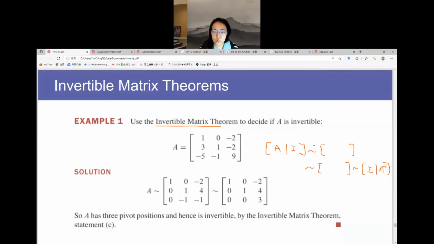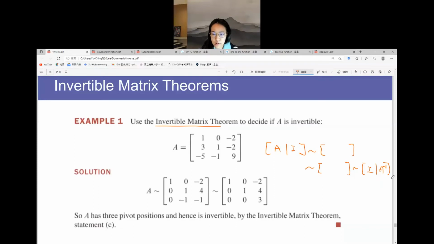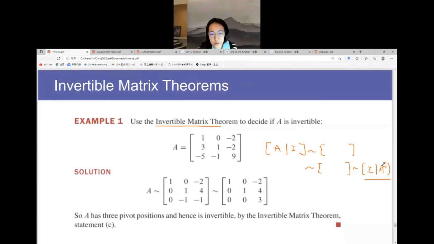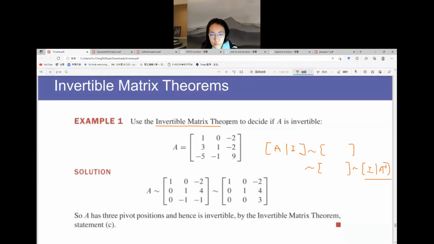If we are able to reach this place, whenever we find an inverse matrix, we can say that A is invertible. But according to the theorem, we can determine if A inverse exists in a more efficient way.